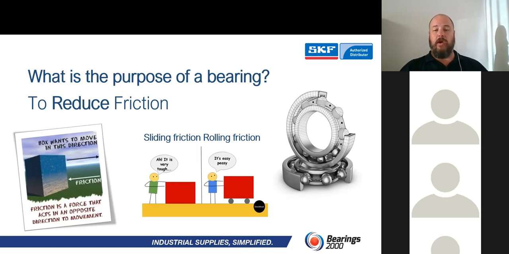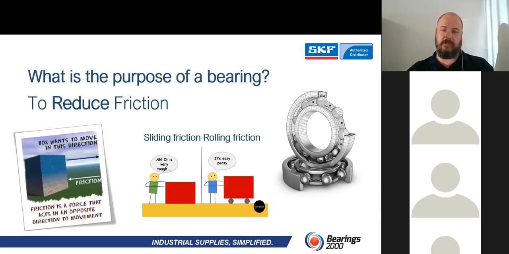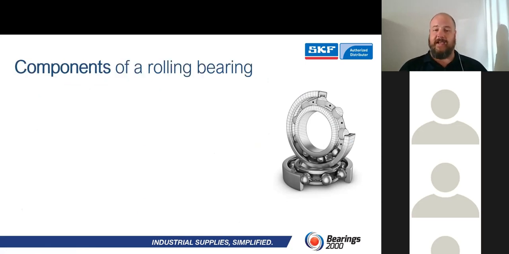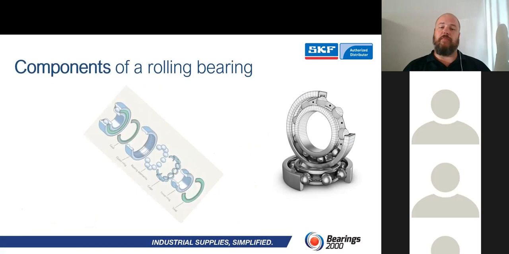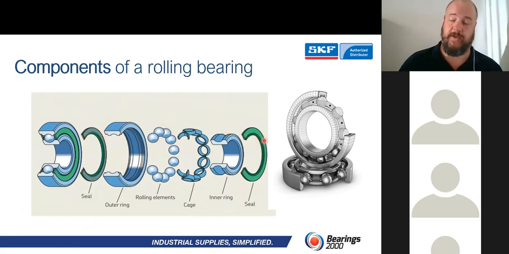Okay, so we're going to focus on, sorry guys, that was a quick slip there. We are going to focus on the rolling bearings first, or mainly the rolling bearings. And if we look at them, all bearings tend to be made up exactly the same way. The components would be either balls or rollers, a cage, an inner raceway, an outer raceway, and some sort of sealing arrangement.